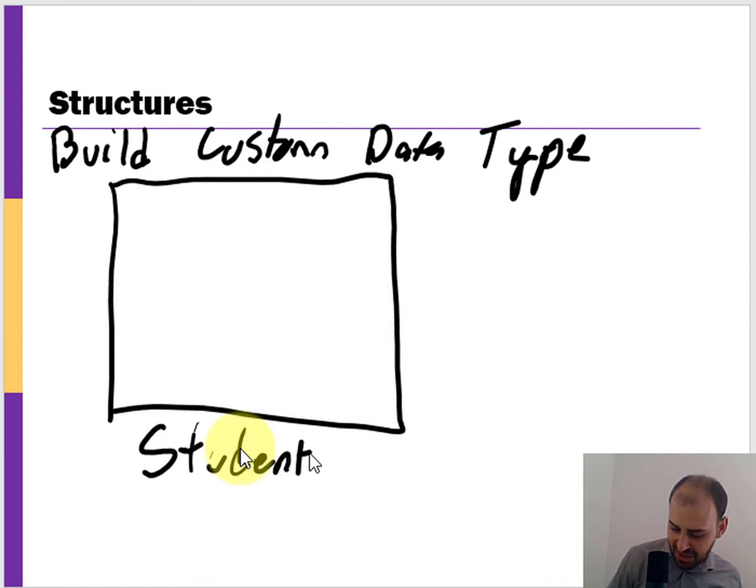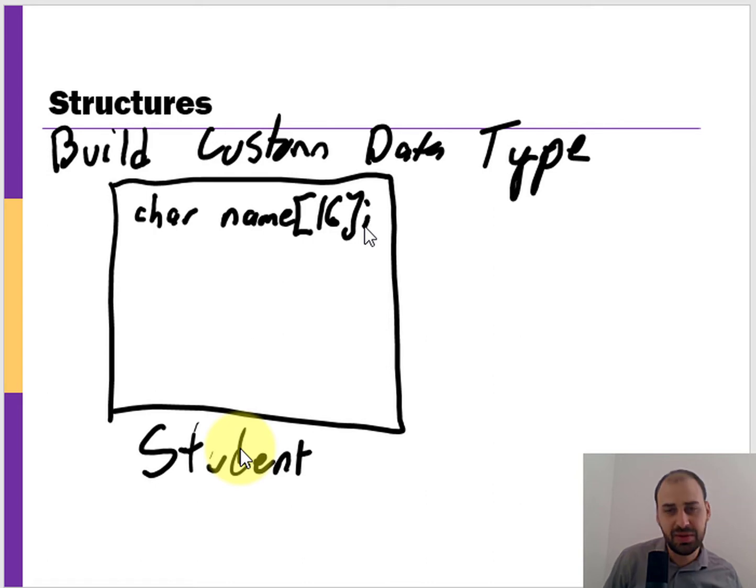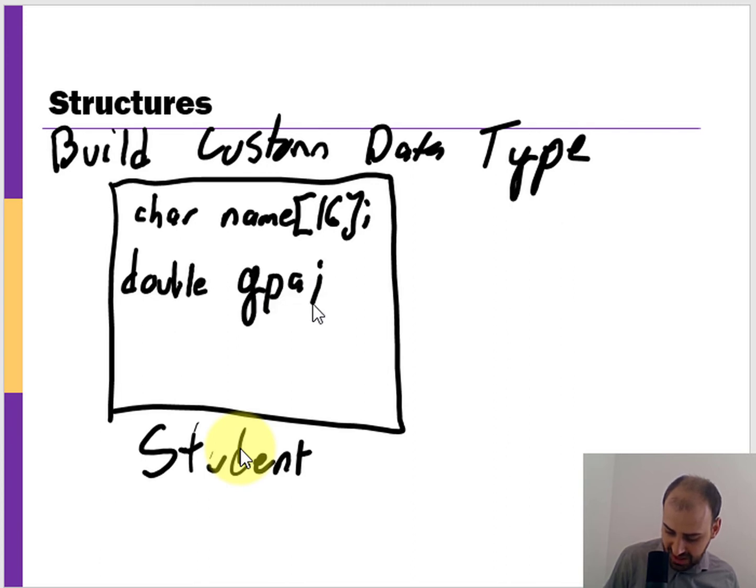For instance, we could say, hey, we want a student to contain a name, right? So a string for the name. We want the student to have a GPA and whatever else you might want in here, right?